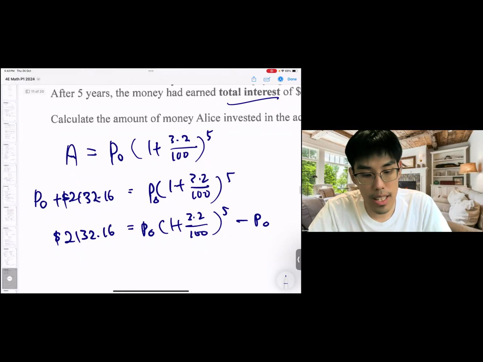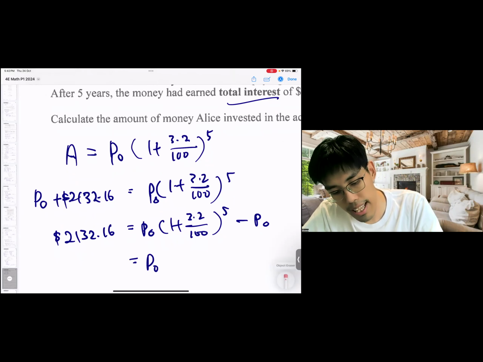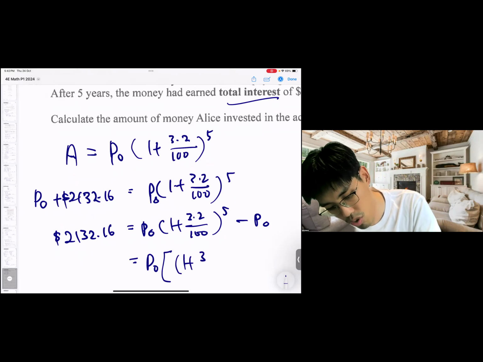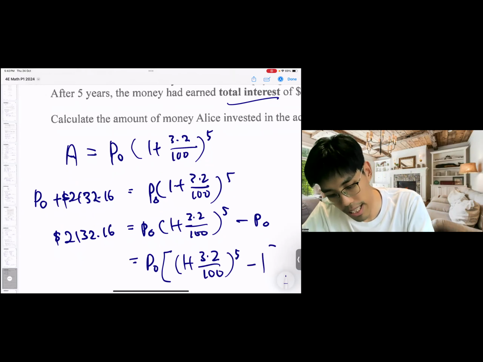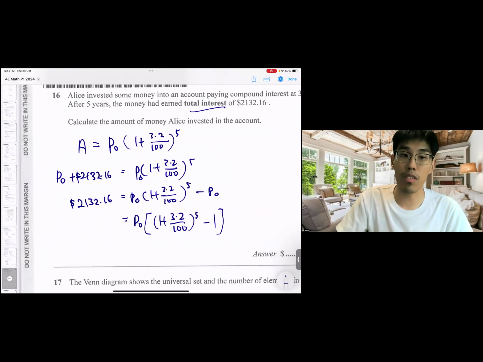And then I can factorize out the P naught, giving me this entire bunch here: 1 plus 3.2 over 100, like that, minus 1.